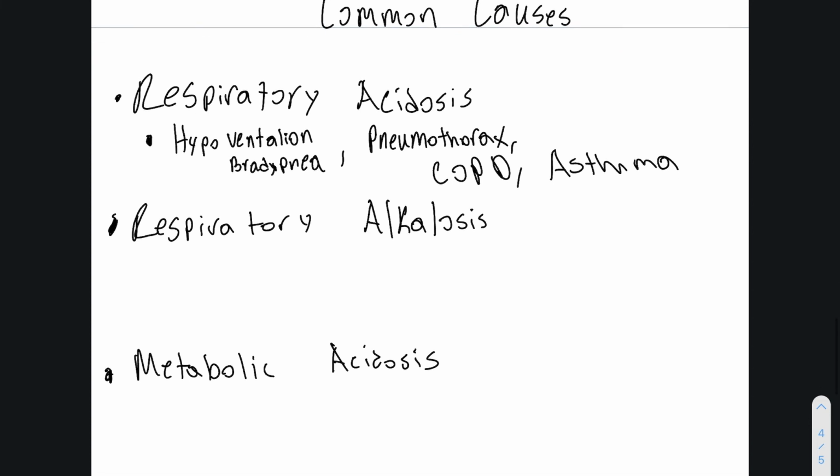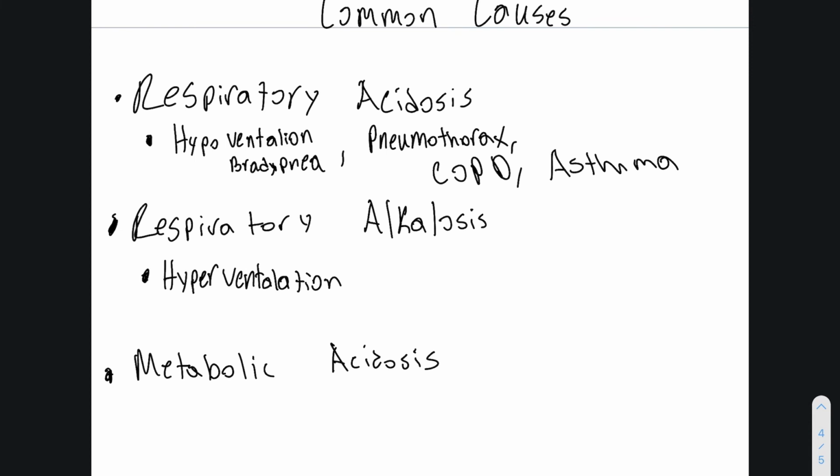Now, respiratory alkalosis is pretty simple. The main cause is hyperventilation. Okay, like I said earlier, if you are letting go of CO2 rapidly, like you are getting rid of the CO2 faster than the body makes the CO2, and we need a little bit of CO2 to maintain homeostasis within the blood.